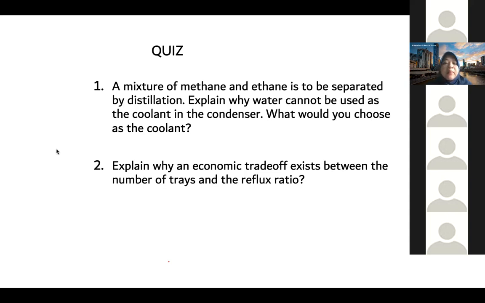Is it better to install more trays so you have a low reflux ratio, but you have to install a higher tower, or have a few fewer trays, but then you need to play around with the reflux ratio, and your day-to-day operating costs are going to increase? So that's why we have to find the optimum one, and the optimum is around 1.2 of your minimum reflux ratio. Okay, thank you, Nadifa.